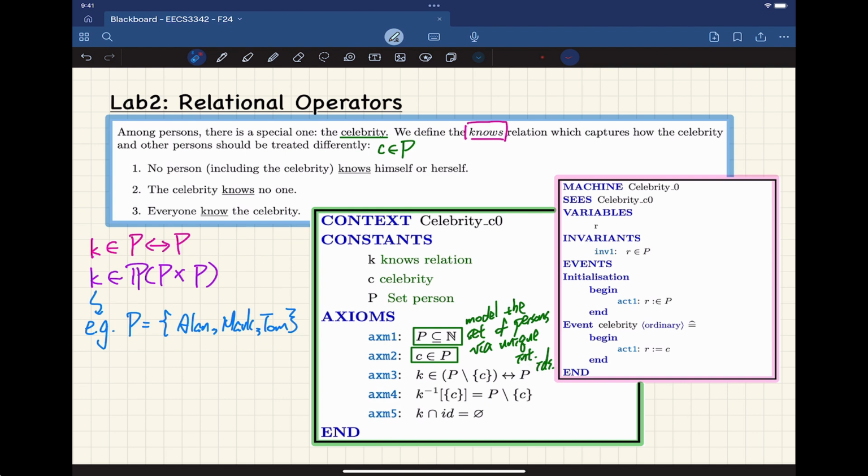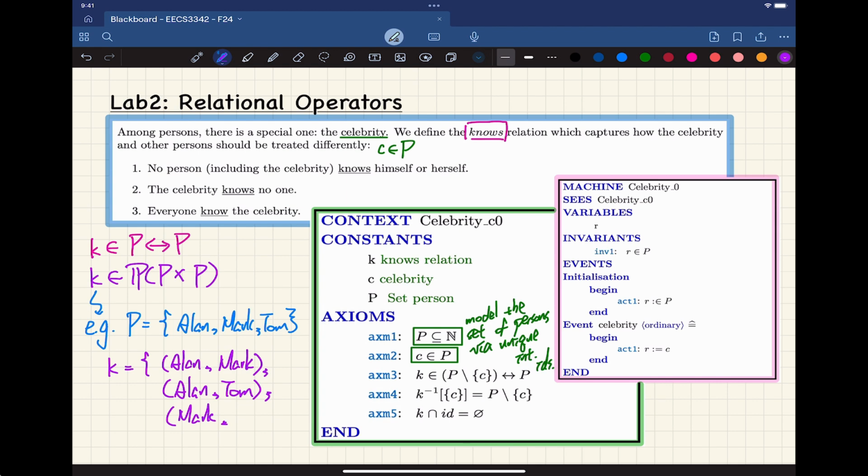And the relation I gave to you in the instruction, let's copy that down, and then we'll see what's special about it. We say K over here is the knows relation. Let's say this one here: Alan, Mark. Also, we got Alan, Tom. Also, we got Mark and Tom.